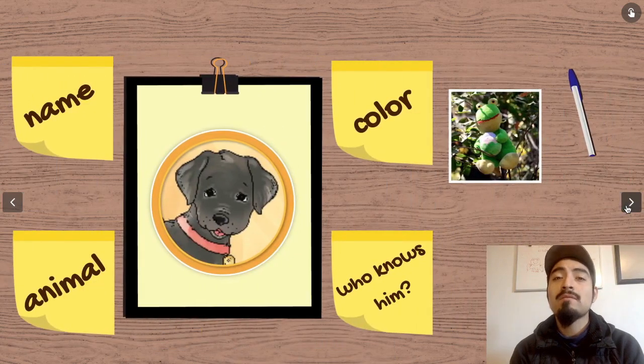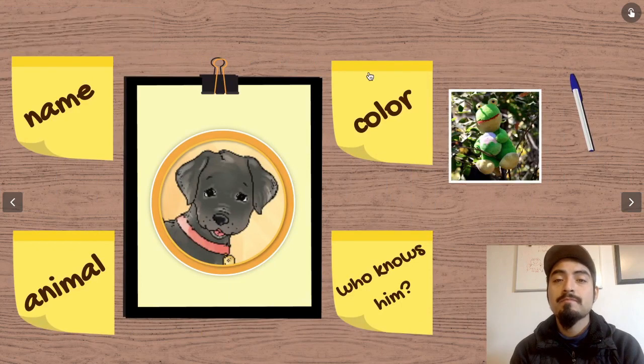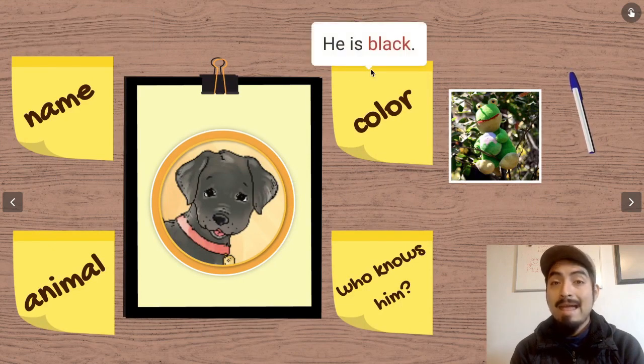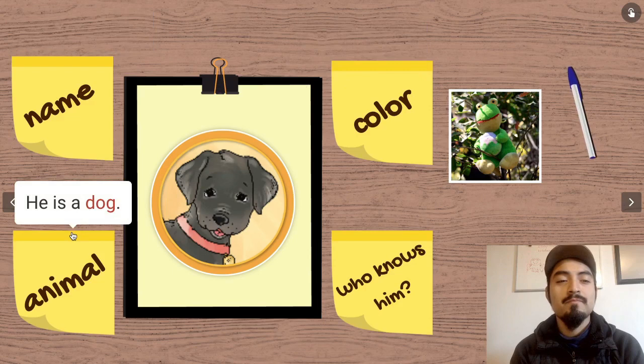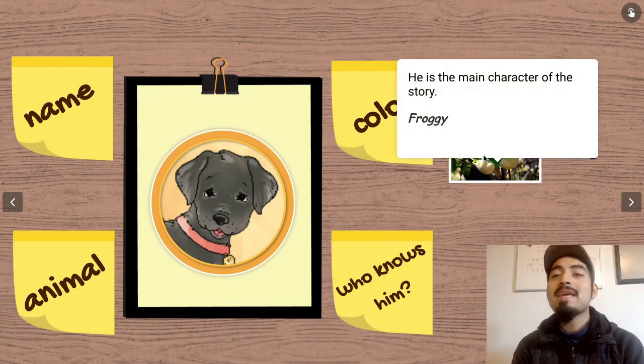Now let's talk about the main character. His name is Tip. He is black. He is a dog. And his pals know him. He has many friends. And Froggy says, he's the main character of the story.